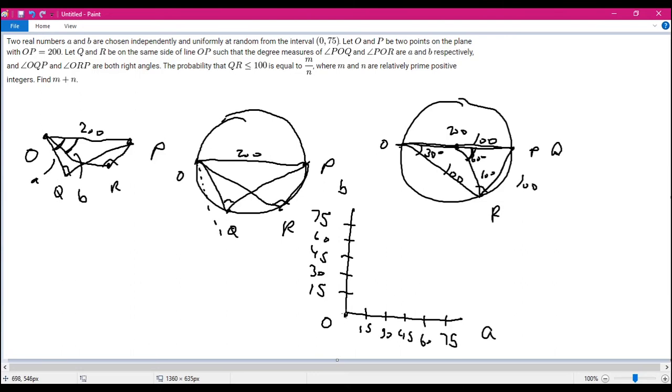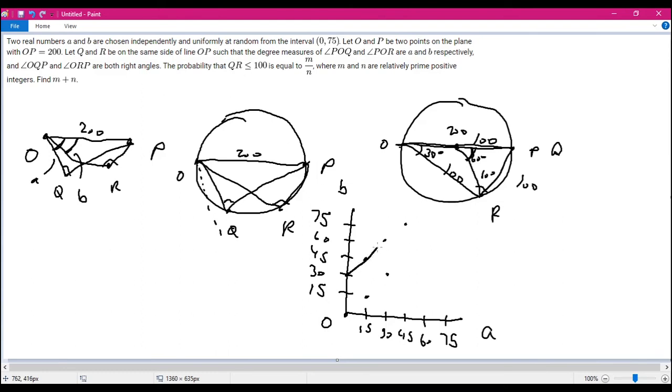If A is 0, B can be up to 30, so anywhere in here works. If A is 15, B can be up to 45. If A is 30, B can be up to 60. If A is 45, B can be up to 75. And if A is any bigger than that, well then B can go all the way up to 75, but B can't go any bigger than 75.